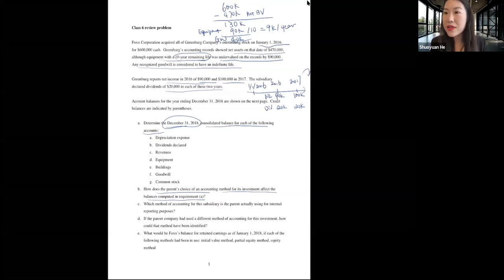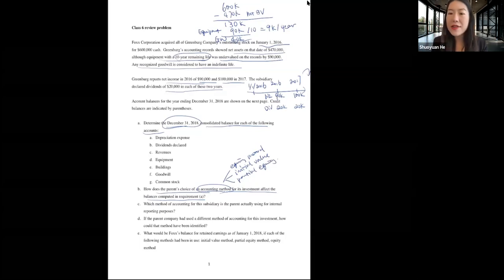In other words, this is asking what the parent's choice of accounting method can be. The parent can choose among 3 methods, right? Either the equity method, the initial value method, or the partial equity method.